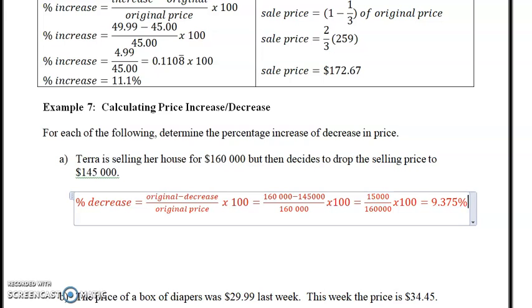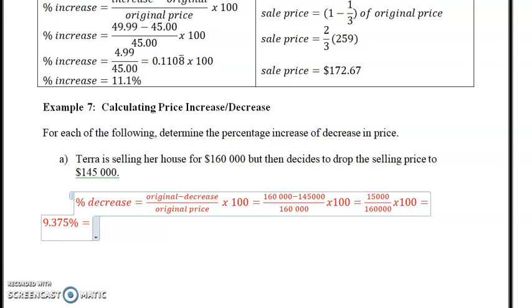It doesn't say to round, so a rule of thumb is, if it doesn't tell you to round, just round to one place after the decimal. So that would be a 9.4% decrease.